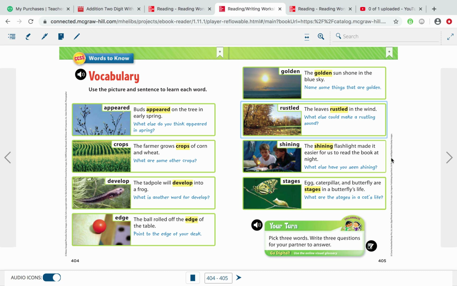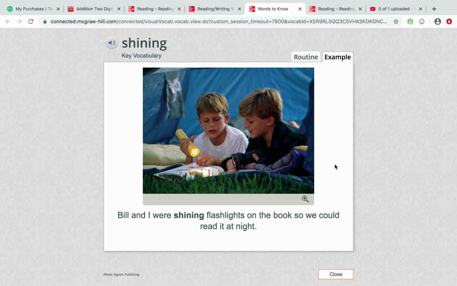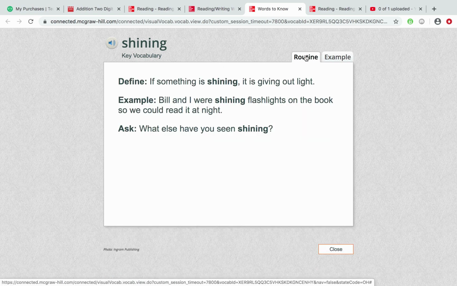The shining flashlight made it easier for us to read the book at night. Shining. Bill and I were shining flashlights on the book so we could read it at night. Here's the definition. If something is shiny, it is giving off light.